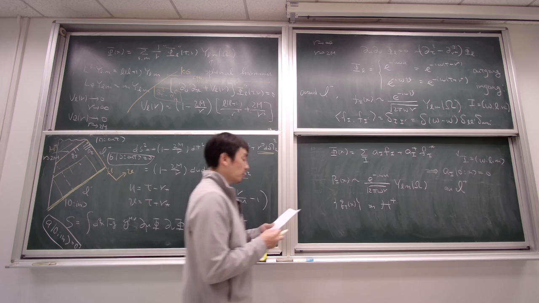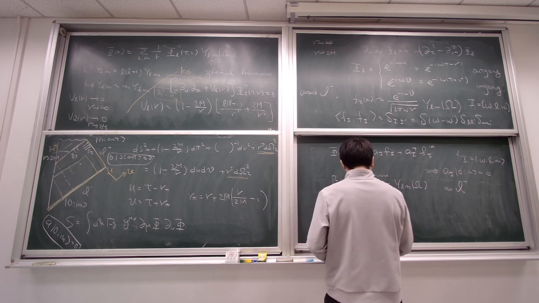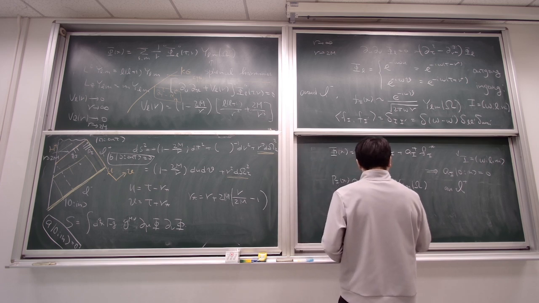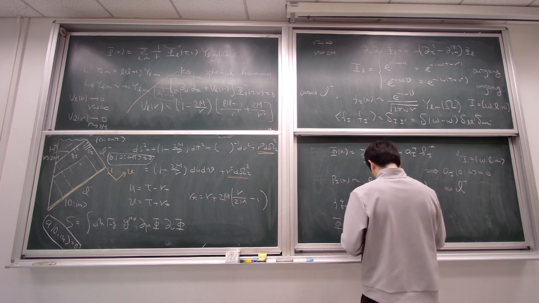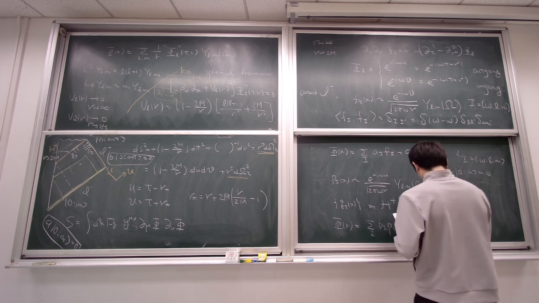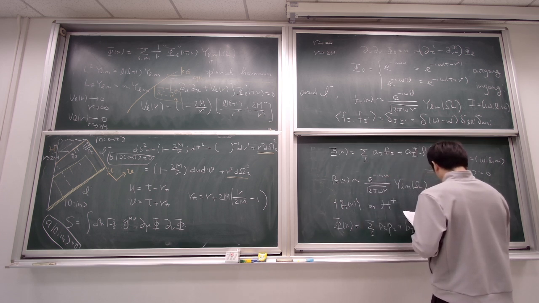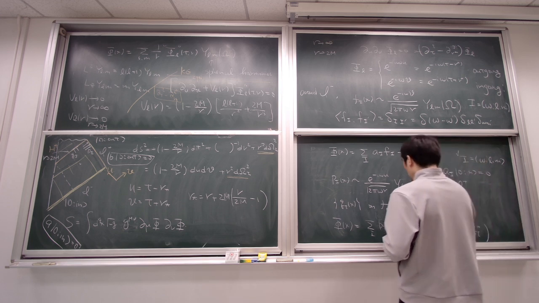And then we do the mode expansion of the Klein-Gordon field: the sum over i of b_i p_i plus complex conjugate, and then c_i q_i plus c_i dagger q_i star, like this way.